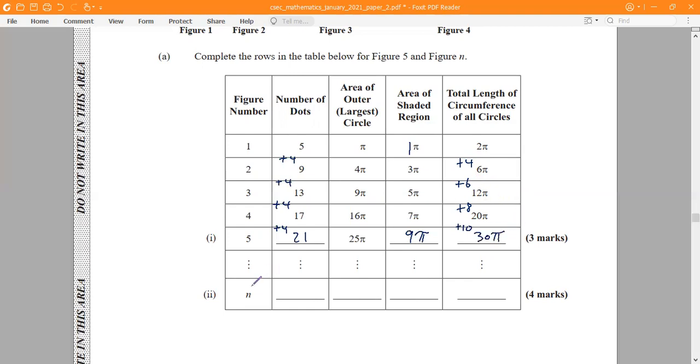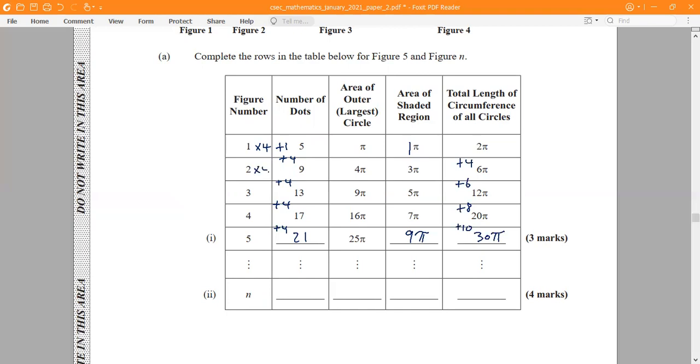Okay, we have to figure out n now. So we look at the relationship between the first column and the second column. We see an increase here. So let's see if we can multiply the numbers in the first column, the figure numbers, by a number. So let's multiply by 4. And we get 4, and let's add 1, and we get 5. Let's see if this will work for the other rows.